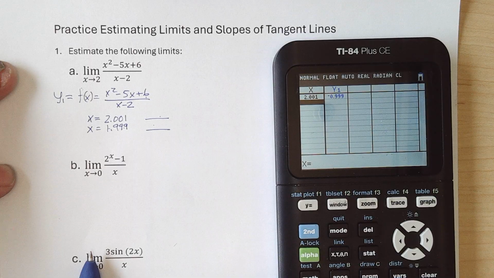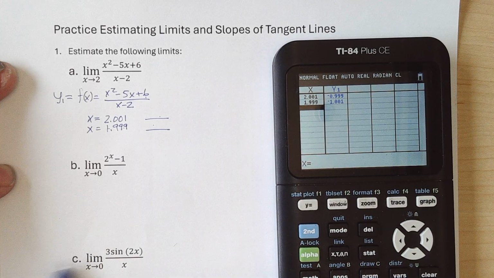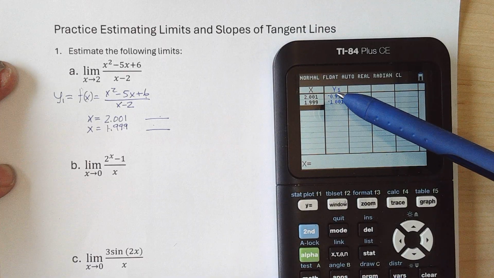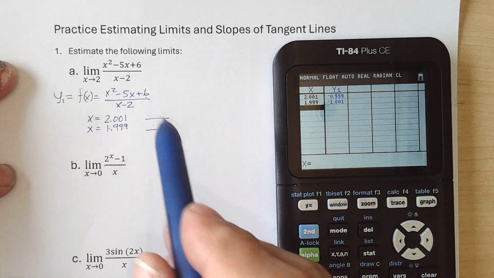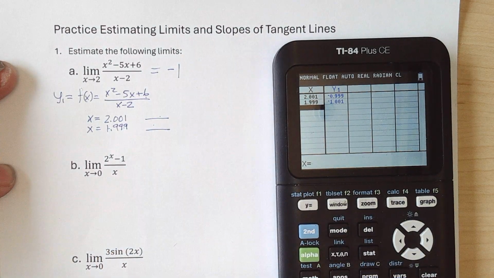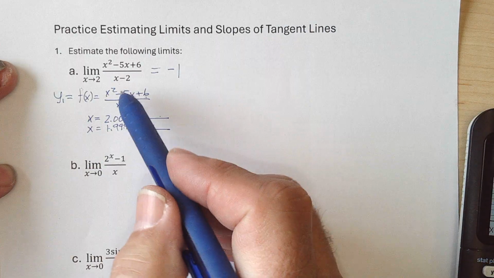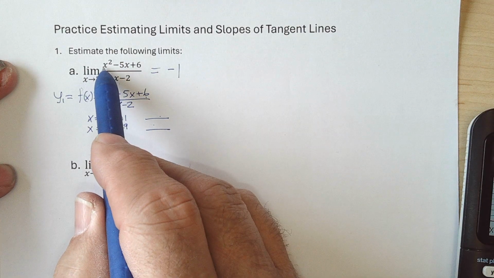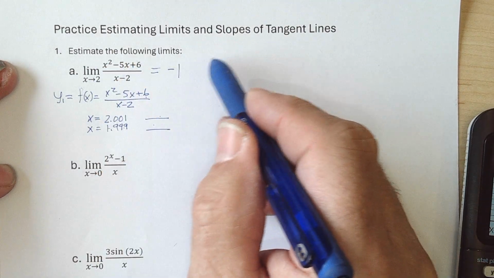and 1.999. And it looks like we're getting close to a value of -1. So I think that's the limit. Now, I can show that it is exactly -1 because this numerator factors.